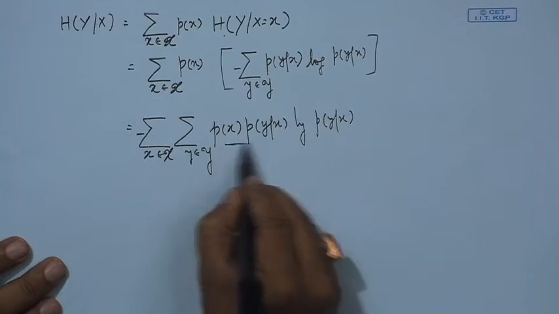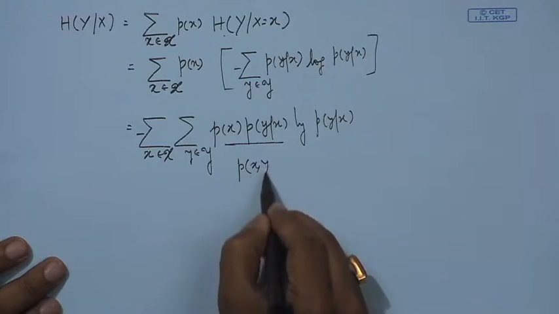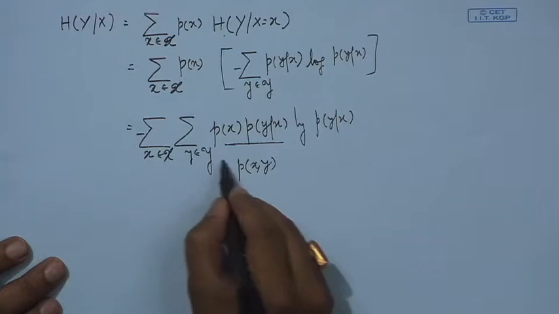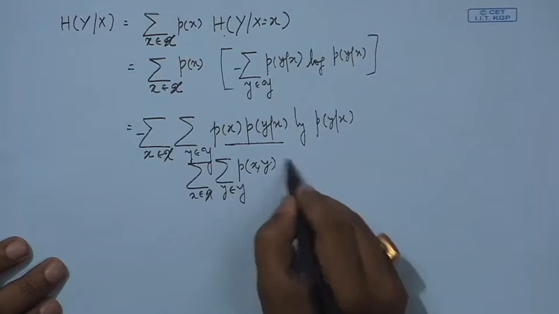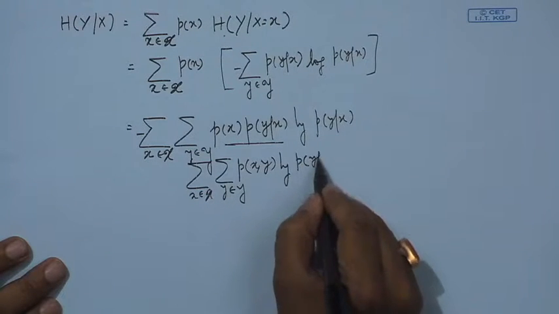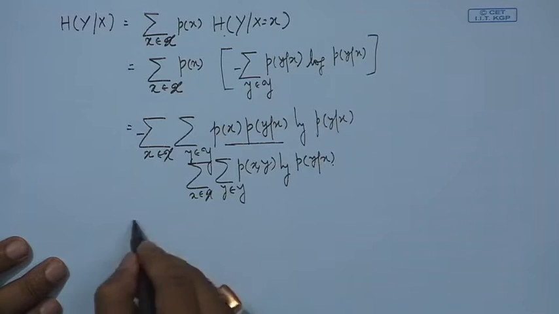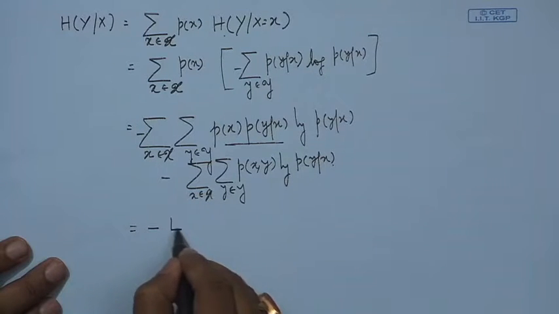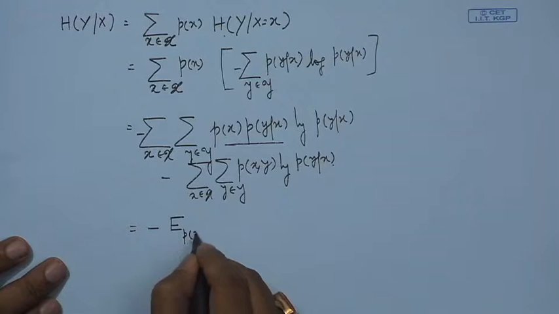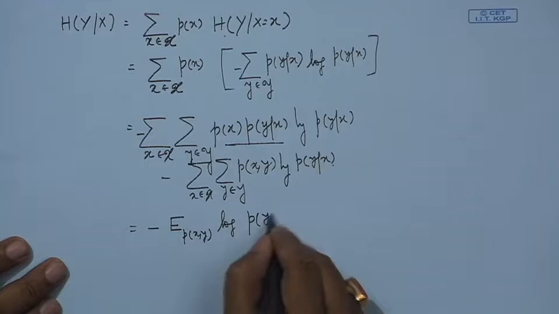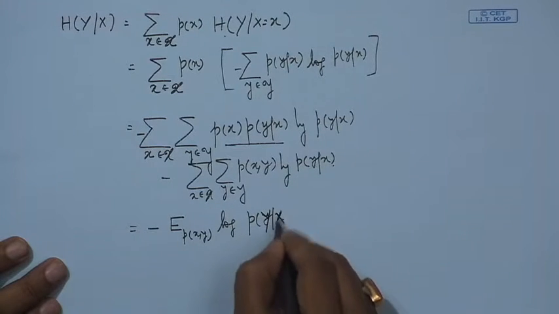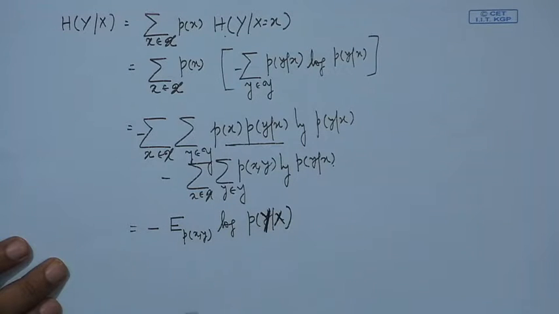So this is basically the joint distribution p(x,y), sum over y, sum over x, log p(y given x). So this you could also write as minus the expectation over the joint distribution of x and y of log p(y given x), right.